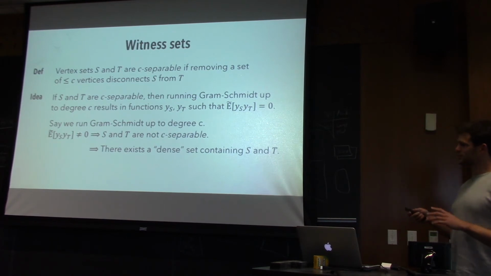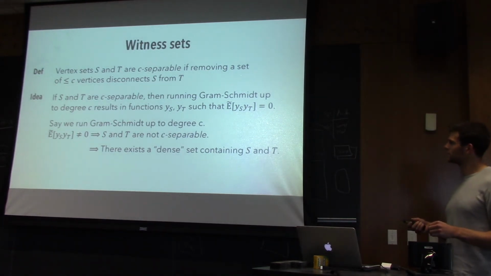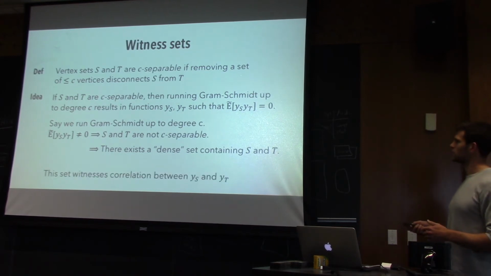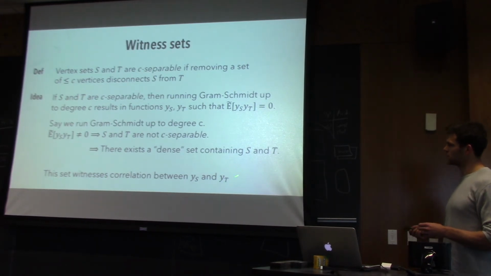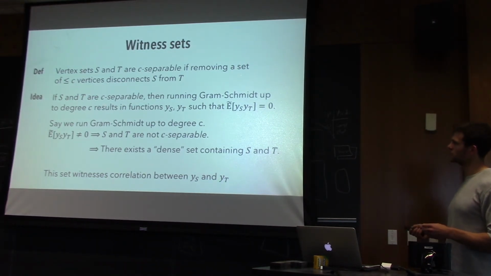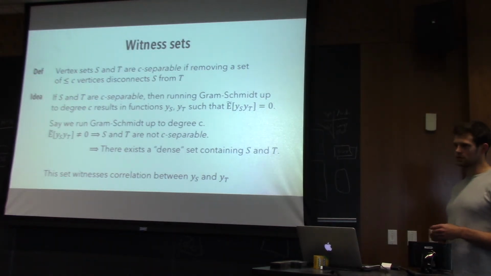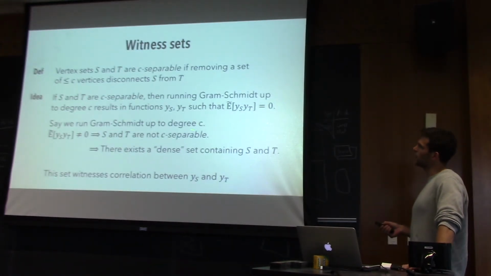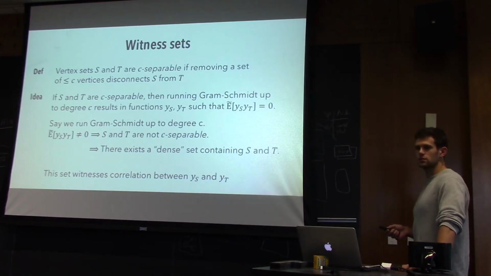If you squint at it, I'm not going to give any formal details here, that means you have some smaller set of variables with a bunch of different constraints connecting them. That's bad for expansion. So this is a set with poor expansion that certifies that this is not equal to 0. This set witnesses the correlation between YS and YT, and furthermore doesn't have very good expansion. And recall that we said that random instances have high expansion. So this is what we're going to use to show that this can't happen too much.